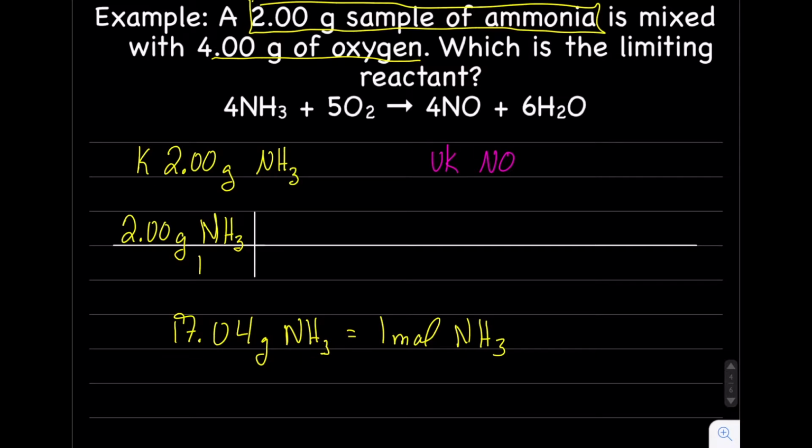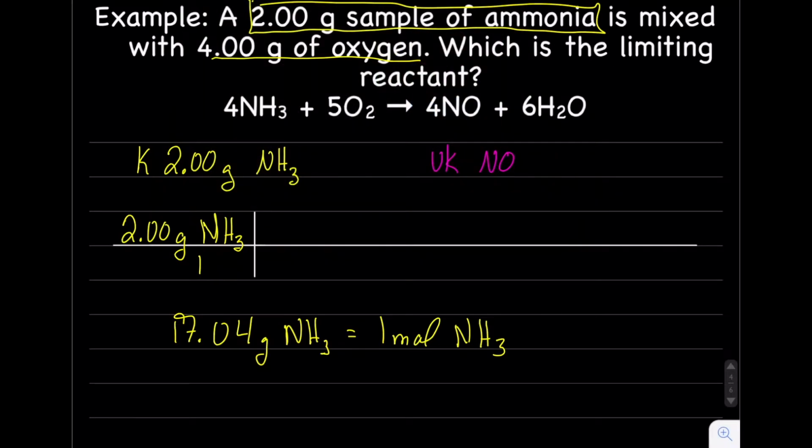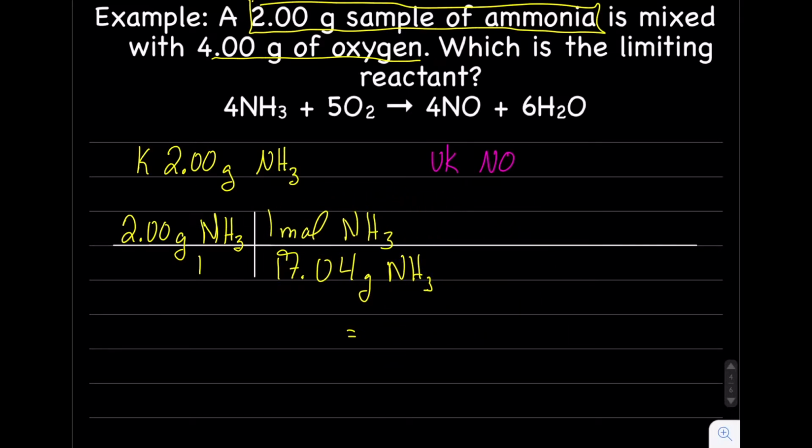Okay, so now we pick what goes on the bottom by looking at the units and the molecule. We're at grams NH3, so we want to be able to cross that out, which means grams NH3 needs to go on the bottom. So we'll do that. And whatever's left over, in this case 1 mole NH3, goes on the top.